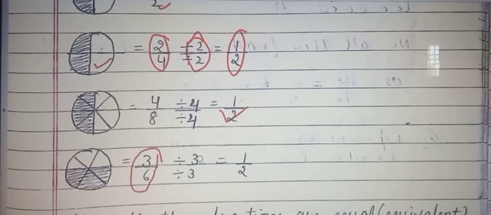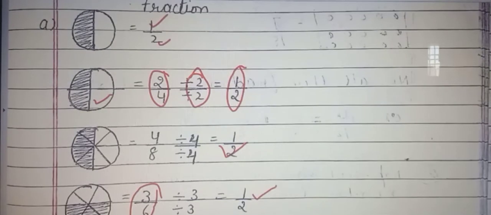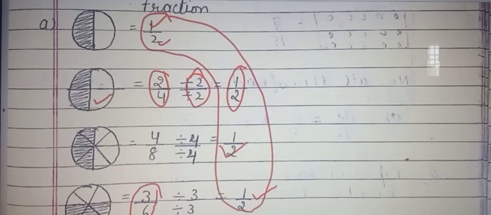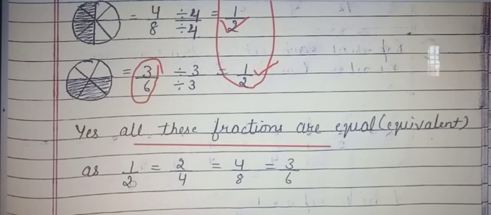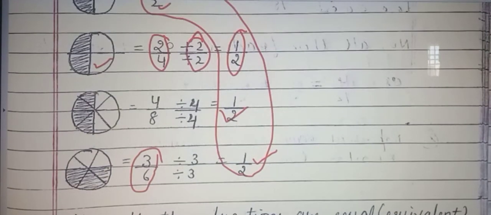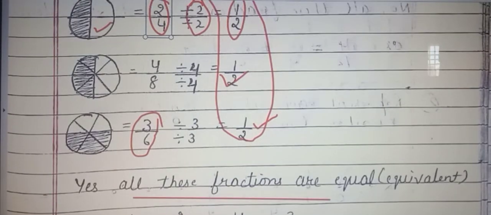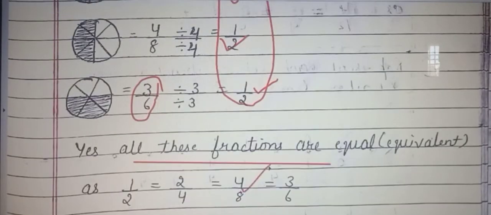So when we divide numerator and denominator by 3, reducing it to the lowest form, it gives us 1 by 2. So if we observe, for all these figures the fractions are equivalent. So yes, all these fractions are equal, as 1 upon 2 is equal to 2 upon 4, because 2 upon 4 also gives us 1 upon 2, and equal to 4 upon 8 and equal to 3 upon 6.